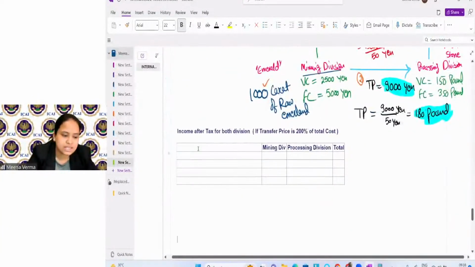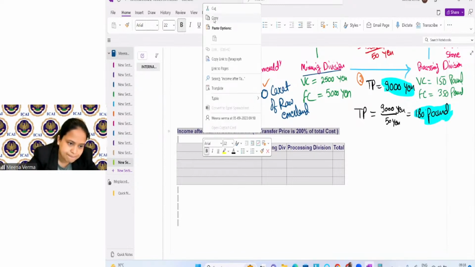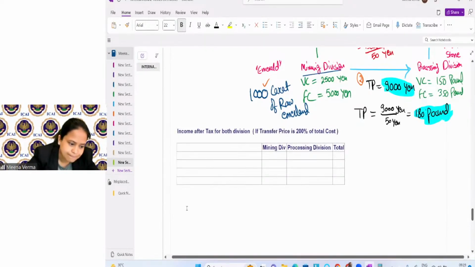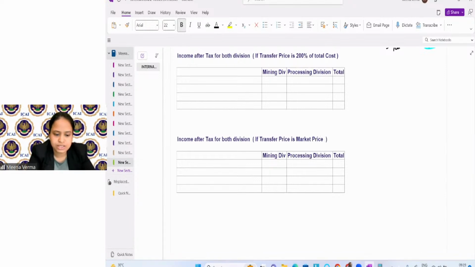And let me take the second scenario also. So the second scenario is, if the transfer price is the market price. In both the cases, you can find the profitability after tax.